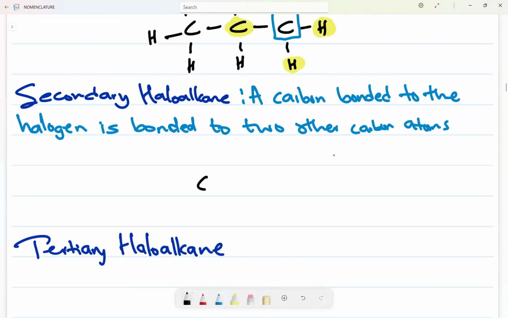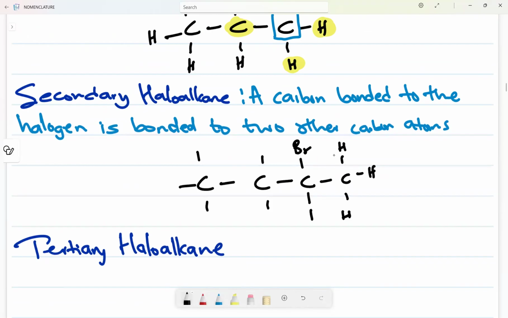What if I have that? Now, the definition says the carbon bonded to the halogen.